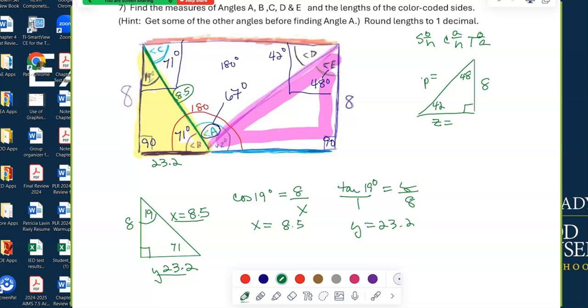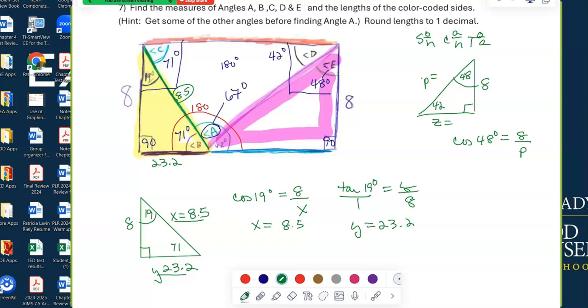From this angle's perspective, because that was given to me, it looks like I just have the adjacent, right? So I can say that the cosine of 48 degrees equals adjacent over the unknown hypotenuse.